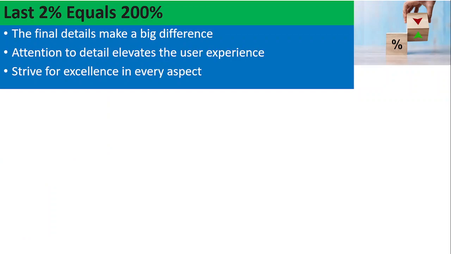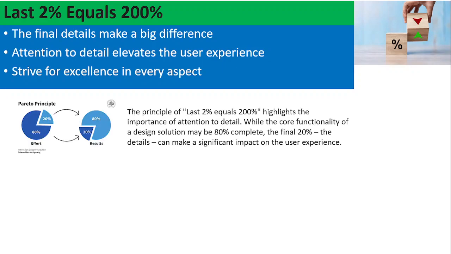So the next law is last 2% equals 200%, which means the final details make a big difference. The principle of last 2% equals 200% highlights the importance of attention to detail. While the core functionality of our design solution may be 80% completed, the final 20%, the details, can make a significant impact on the user experience.